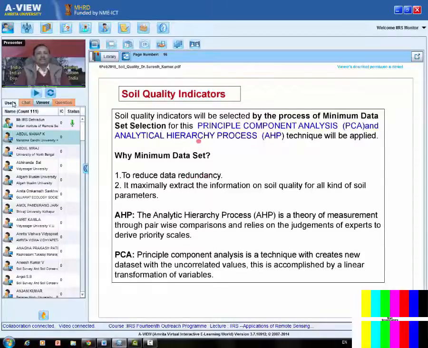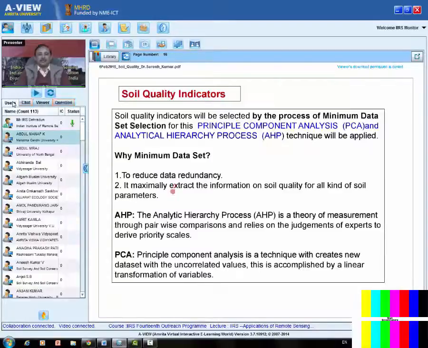We can use the analytical hierarchy process, AHP technique. We can use principal component analysis, which will be applied, and then we can reduce that. Out of 20 parameters, only 5 or 6 are most important.